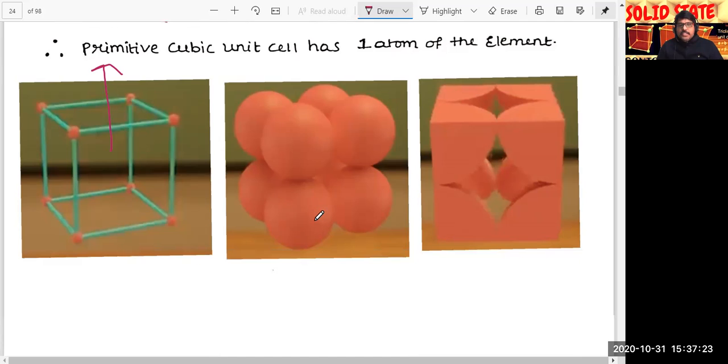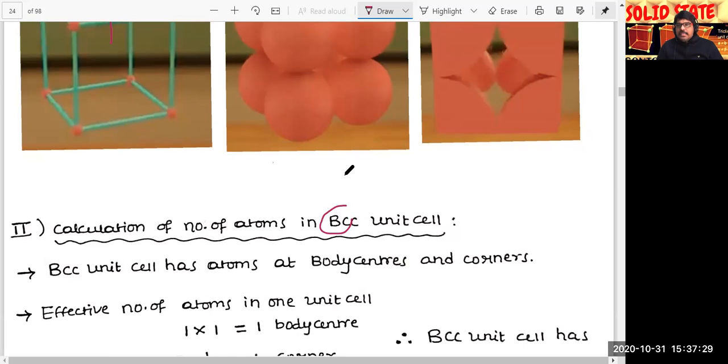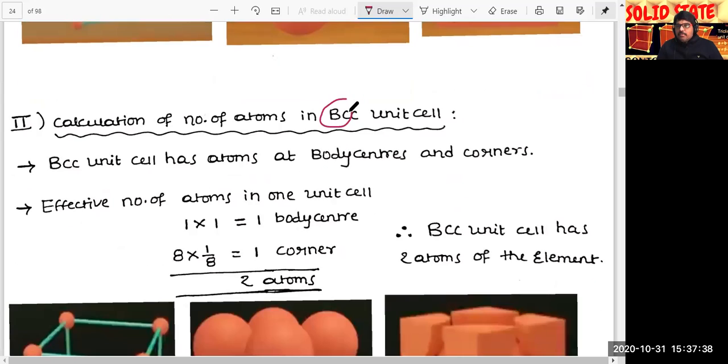Now let us take the number of atoms in BCC unit cells. We are finding the rank of the unit cell, which is nothing but the effective number of atoms. BCC unit cell means, what is the full form of this abbreviation? Body centered cubic.